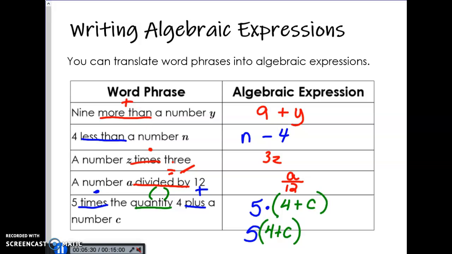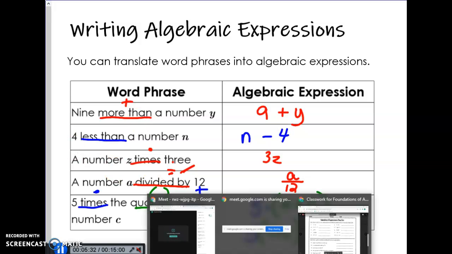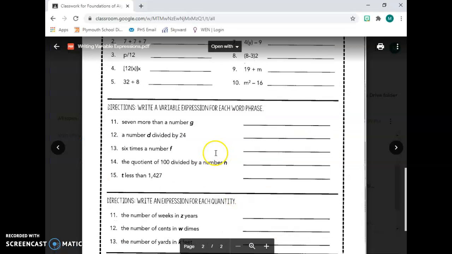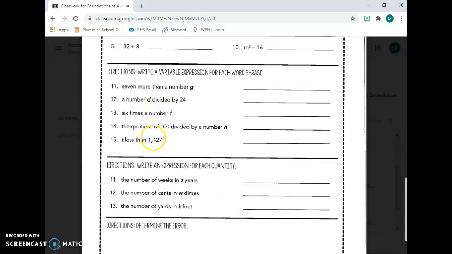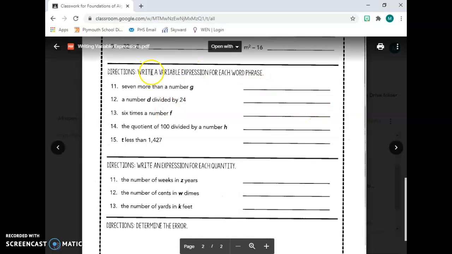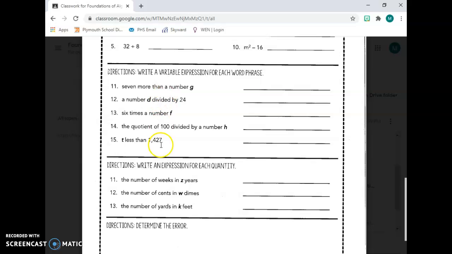We're going to do now 11 through 15. Okay, so go ahead and try 11 through 15 and try to write out what the algebraic expression or the variable expression is using letters and numbers for 11 through 15.